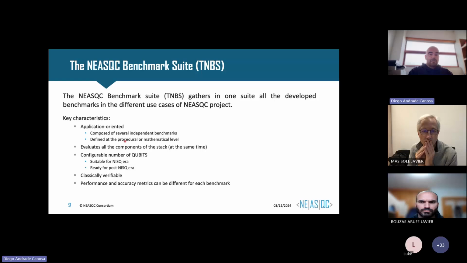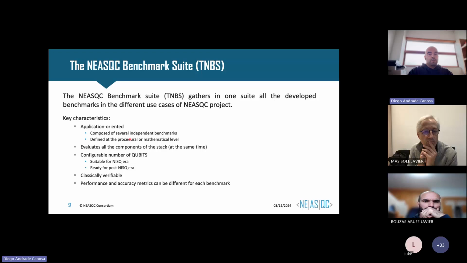This is an extremely important characteristic because normally in benchmarking, what you see is that they provide you the reference implementation. But in our case, we decided to define the benchmarks at the task level, giving a mathematical or a procedural definition of what the benchmark has to do.